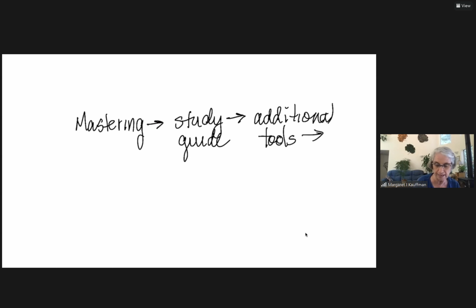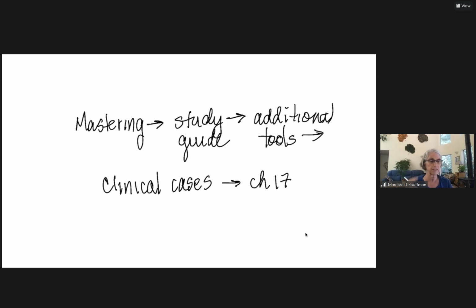From that, you're going to go to clinical cases. Once you open clinical cases, you'll see them by their chapter in the book, and you're going to go to chapter 17, and under chapter 17, there are 2 cases, and you're going to choose from that, Fatigued.